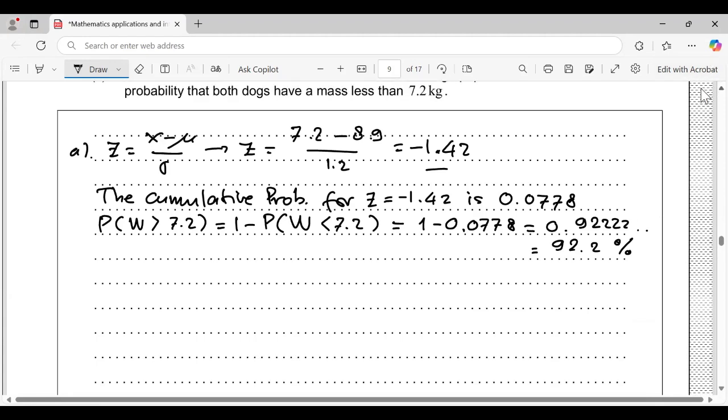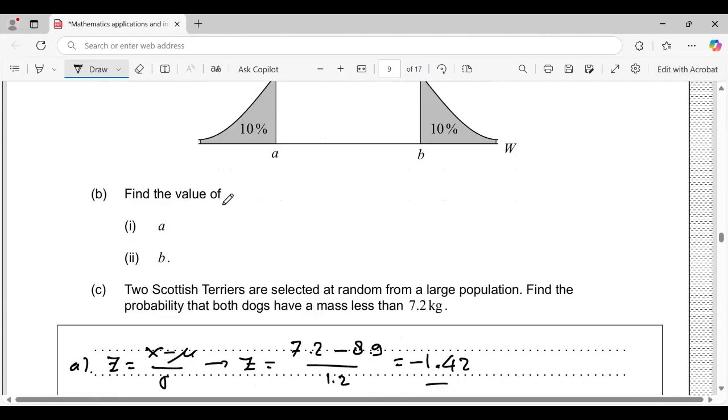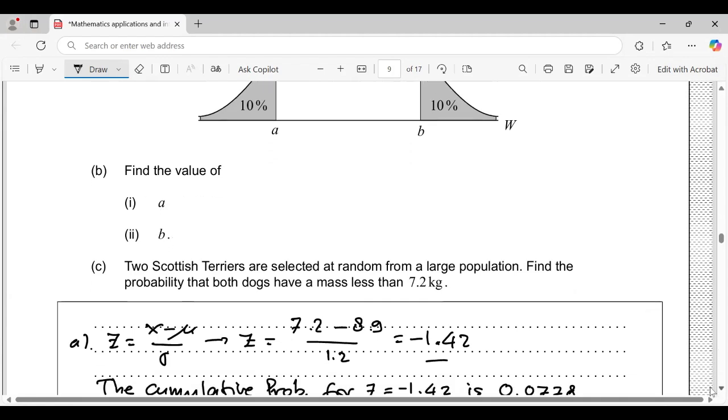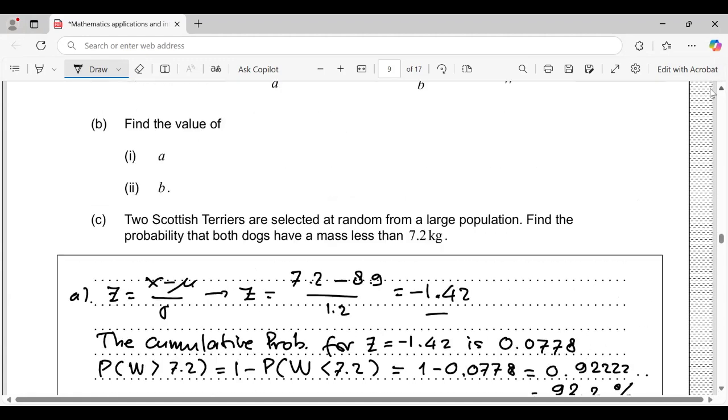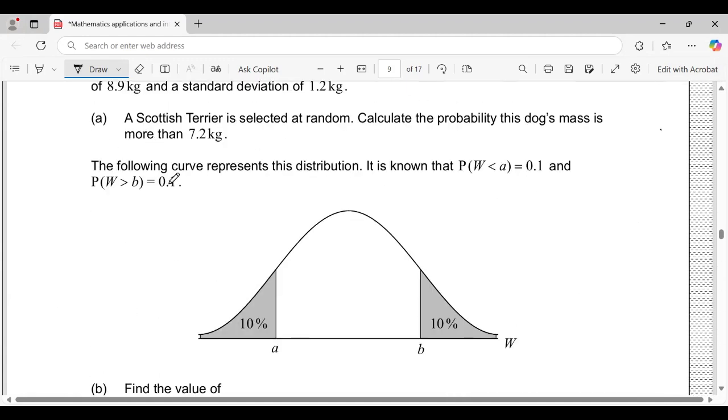Question B. Find the value of A and the value of B. Information first: the following curve represents this distribution.